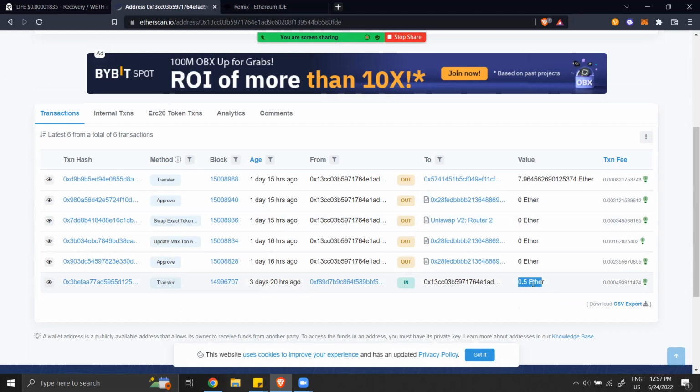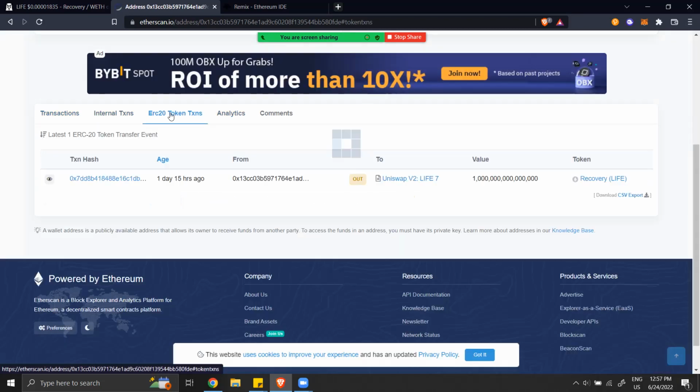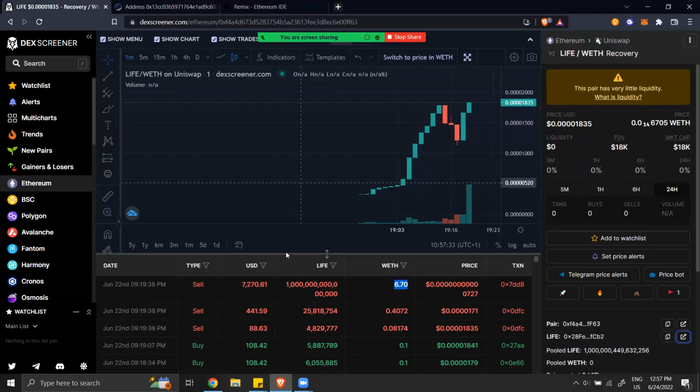Okay, he got funded by someone. He approved transfers, and at the end, he sent that amount outside to another contract. And if we have a look here, this is a transaction that we've seen on Dexscreener.